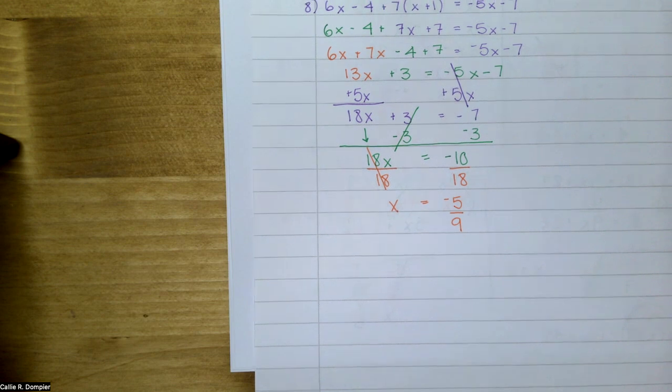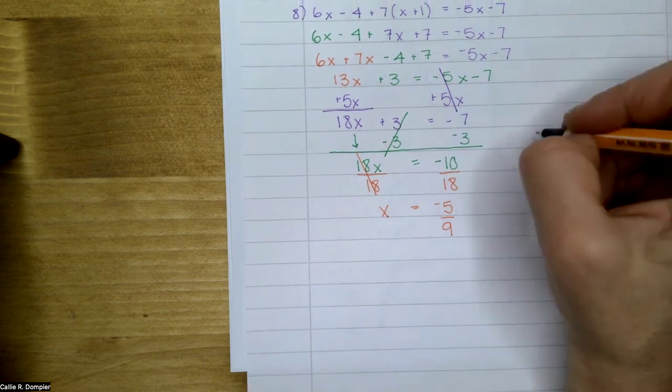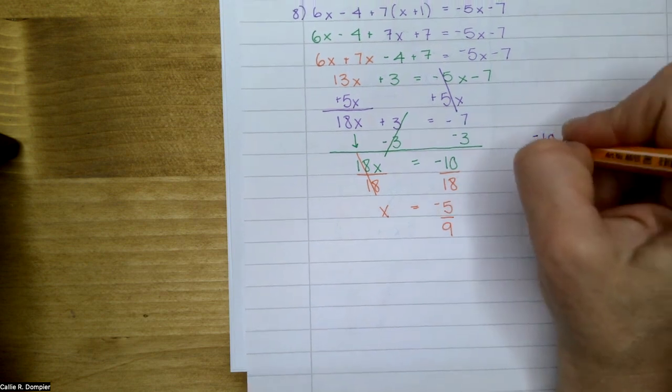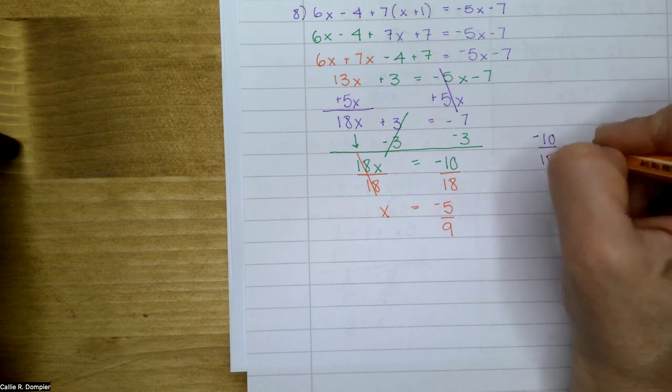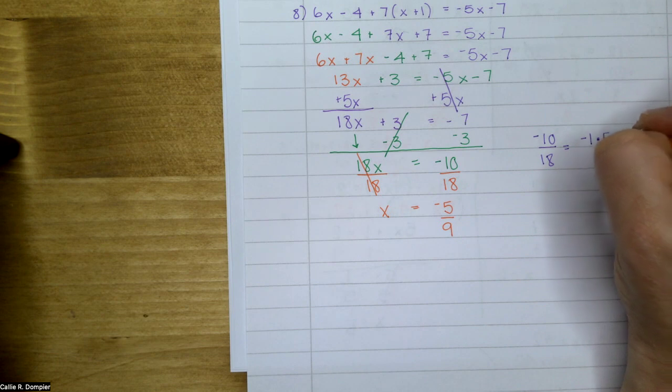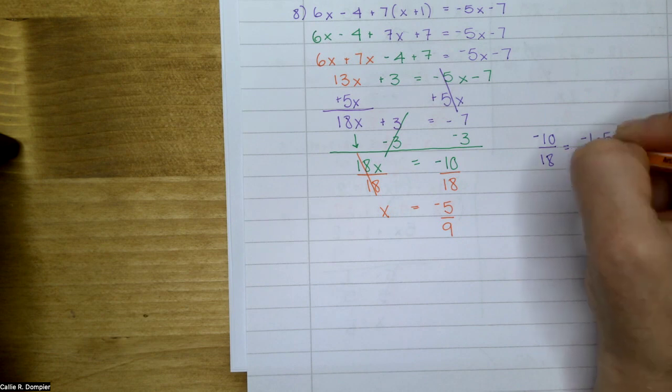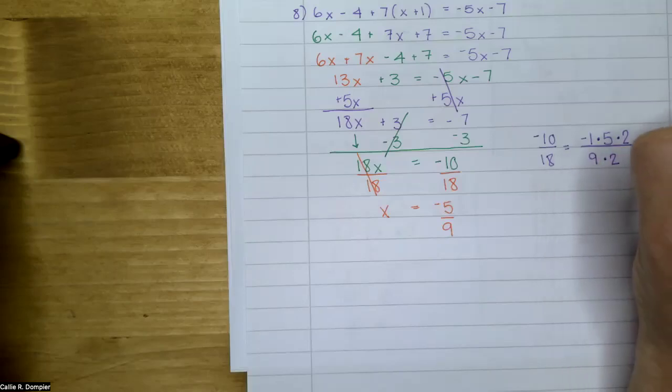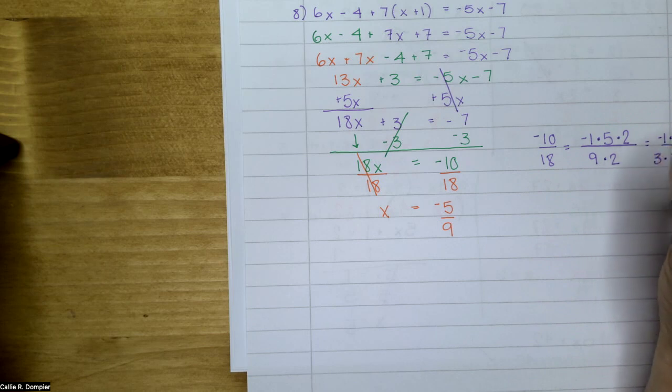Why is that? Because if we take, I'll rewrite it, negative 10 divided by 18 equals, and I'll just factor it, negative 10 would be negative 1 times 5 times 2. 18 would be 9 times 2, or even 3 times 3 times 2.